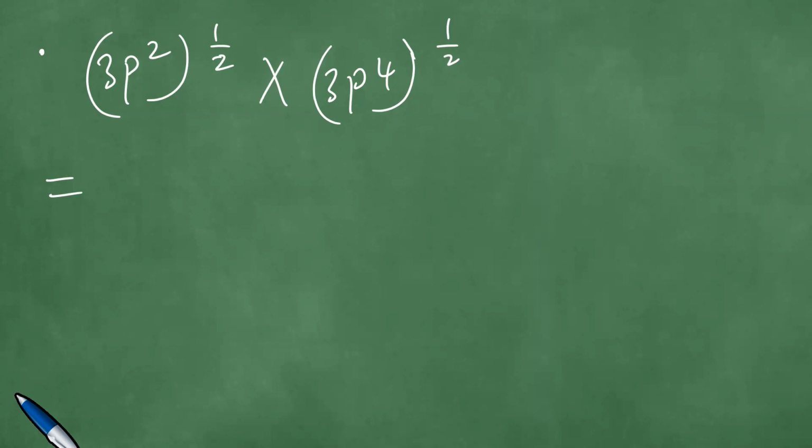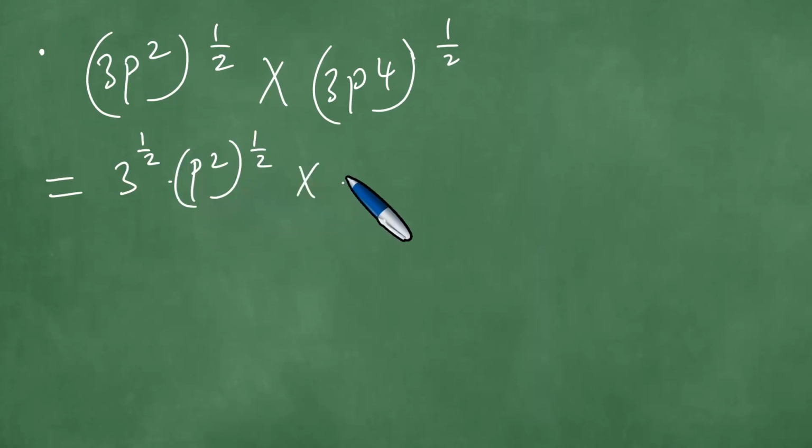I'm not too sure. Okay, so you must separate everything. So you write 3 to the 1/2, then you have p to the power 4 to 1/2, times 3 to 1/2. Even here you can write like this.